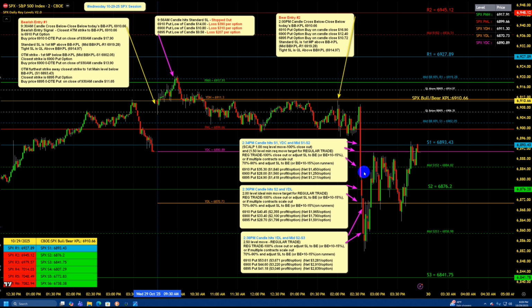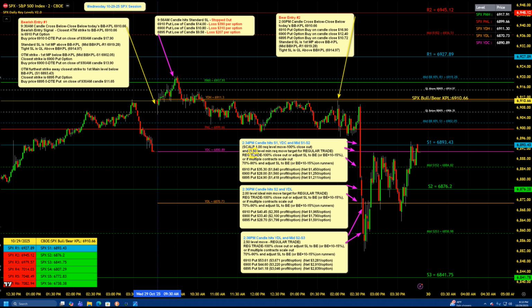So when it hits the new target, if you're doing a regular trade, you also could have just not sold any of them. That was the second option, and just adjusted your stop loss to break even.